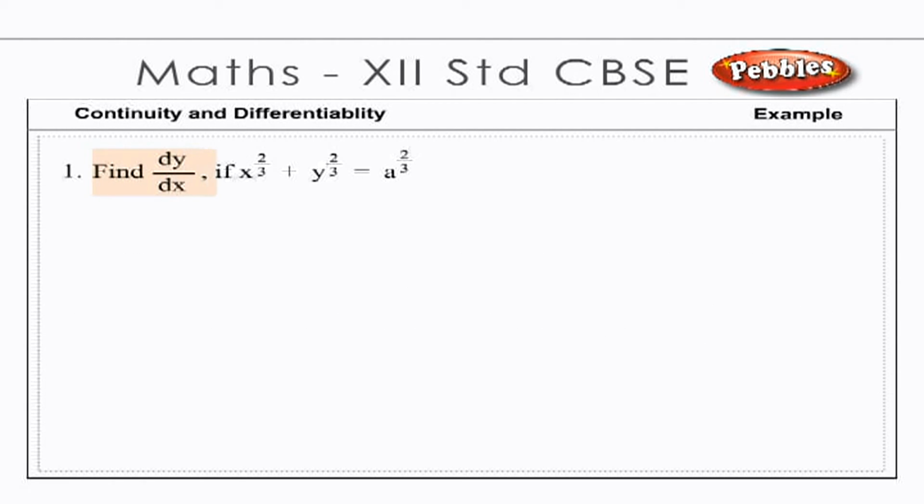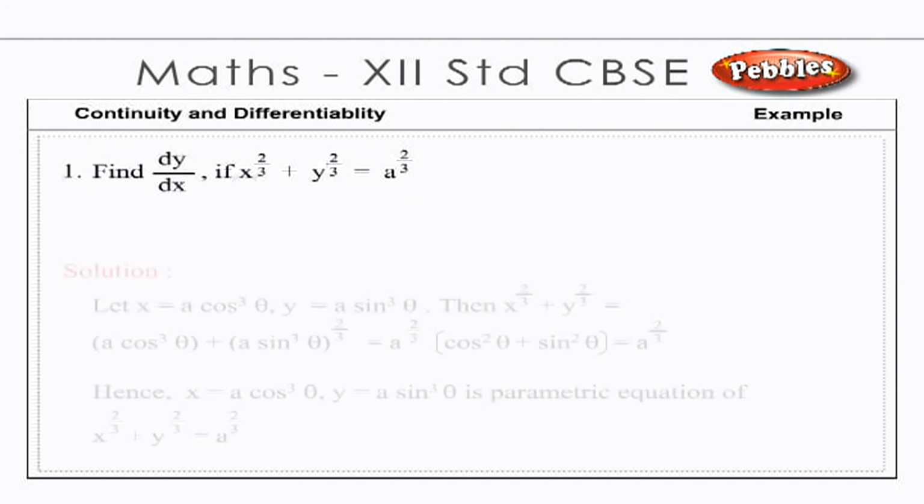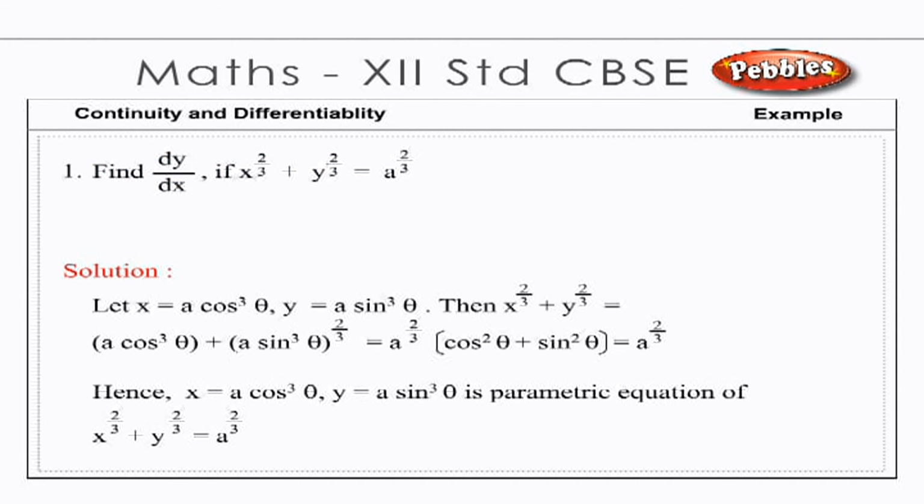Find dy/dx if x^(2/3) + y^(2/3) = a^(2/3). Solution. Let x = a cos³θ, y = a sin³θ. Then x^(2/3) + y^(2/3) = (a cos³θ)^(2/3) + (a sin³θ)^(2/3) = a^(2/3)(cos²θ + sin²θ) = a^(2/3).